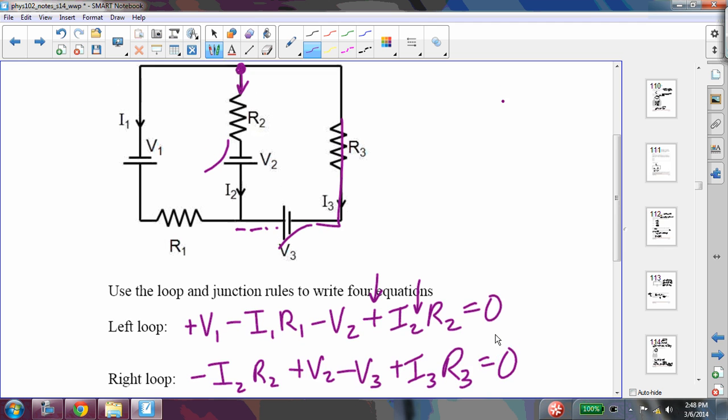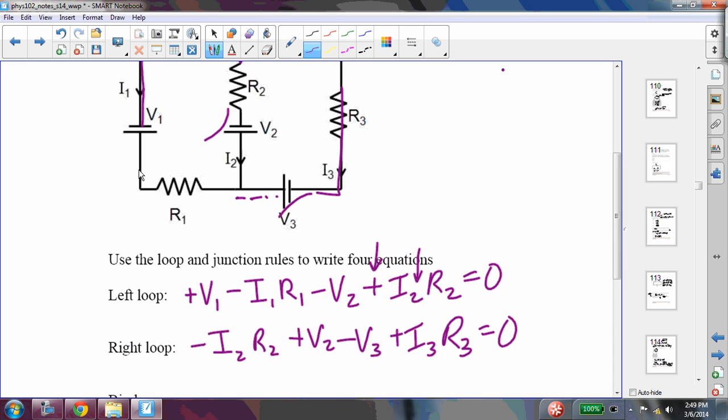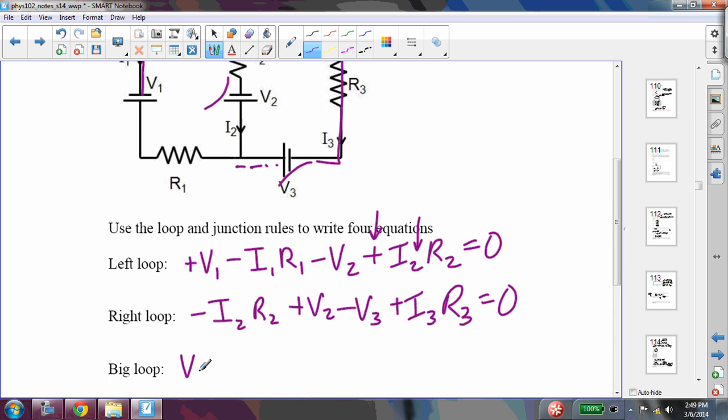Now I can do the big loop as well. For the big loop, I'll come here and go in this direction. First I have V1 minus I1R1 minus V3, coming along here, electrons lose energy, plus I3R3.